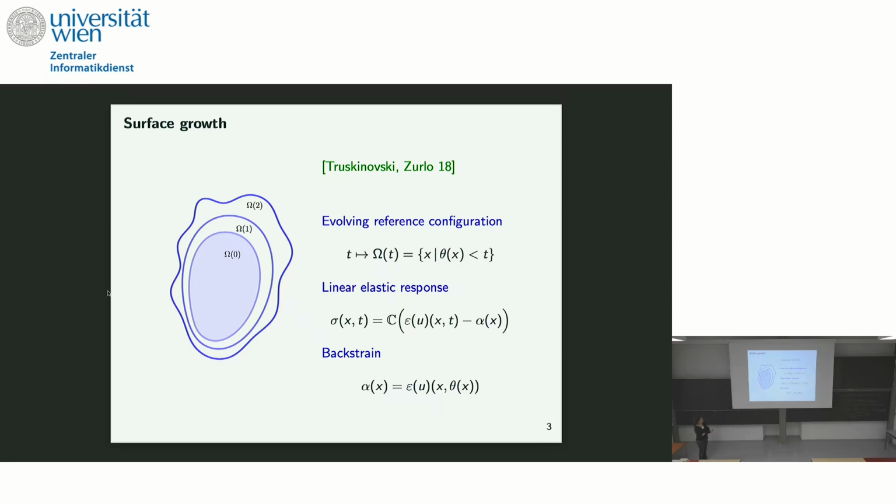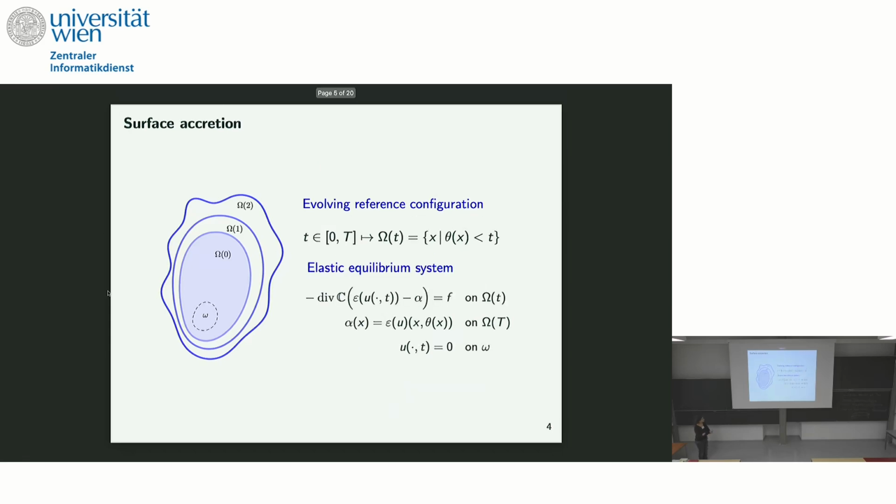And then the other way in which this growth affects the model is, as I said, through the back strain. Following the model described there, we assume this back strain to be given by the elastic strain evaluated in x and at time theta of x, namely at the time in which my point x is added to this evolving configuration. So to summarize, the kind of problem that we want to solve is the following. We have an evolving reference configuration in terms of this function theta.